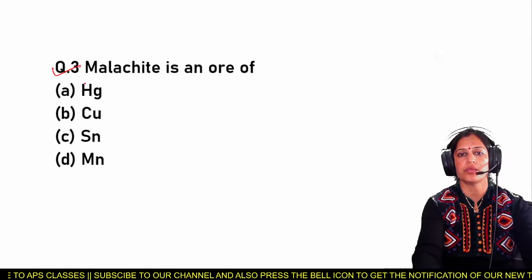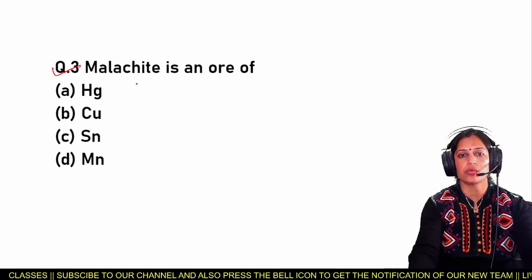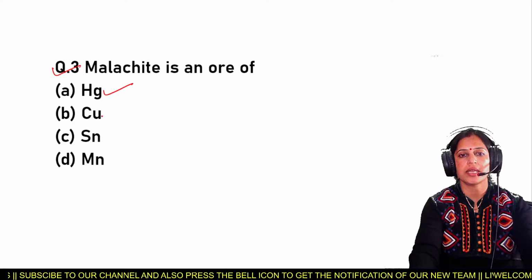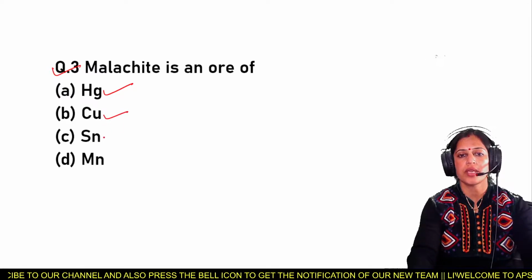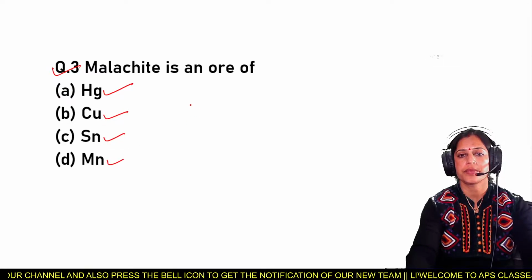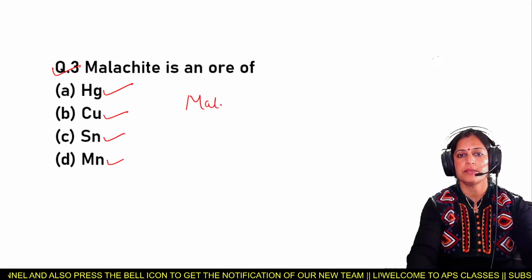Next is question number 3. Malachite is an ore of, and the options are Hg, Cu, Sn and Mn.